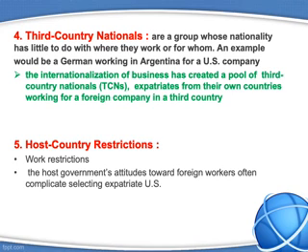So in host country restrictions, two points to be considered: work restrictions and the host government's attitudes toward foreign workers.